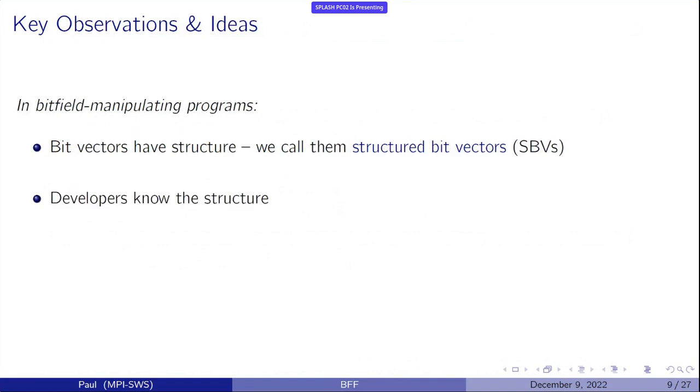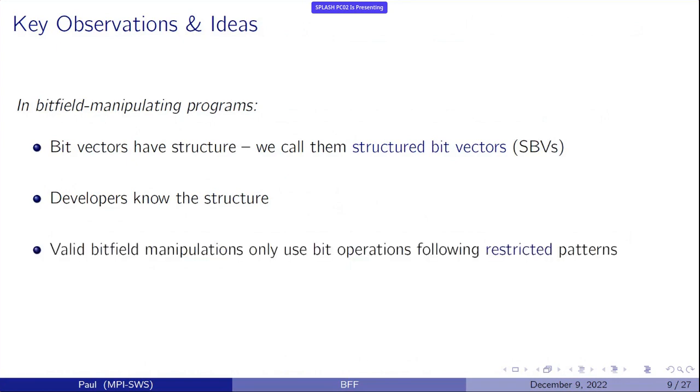Second, this structure information is known by the developers, and we should definitely let developers tell us and make use of this information. And finally, we find that valid bit field manipulations only use bitwise operations in restricted ways, not in general or generic ways.